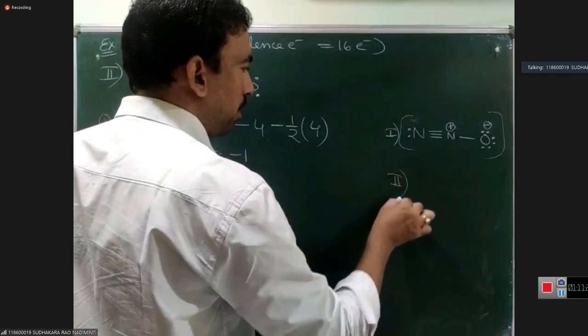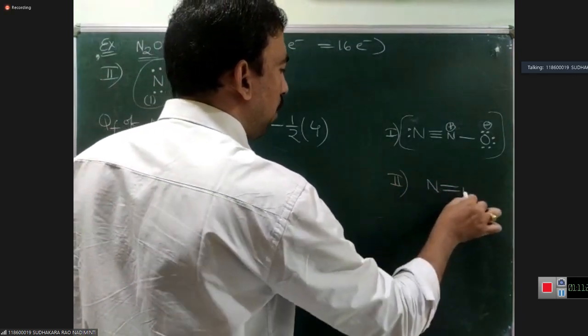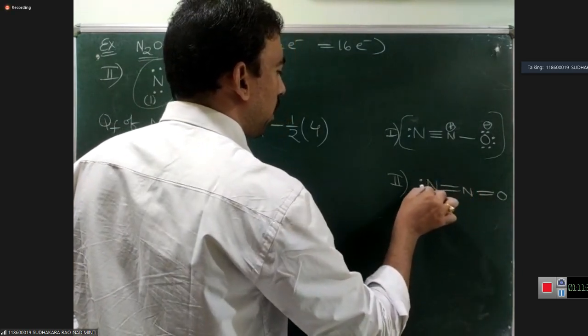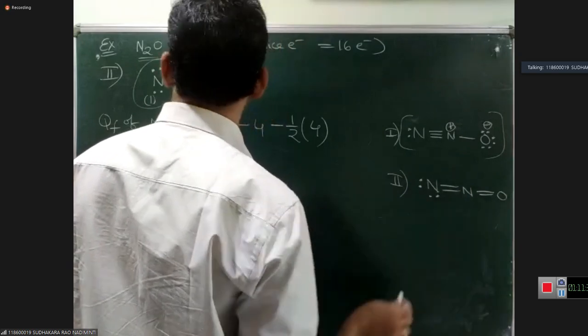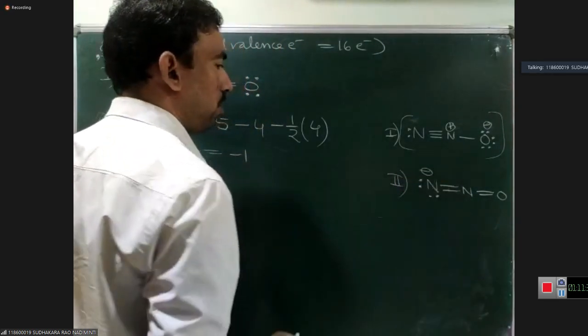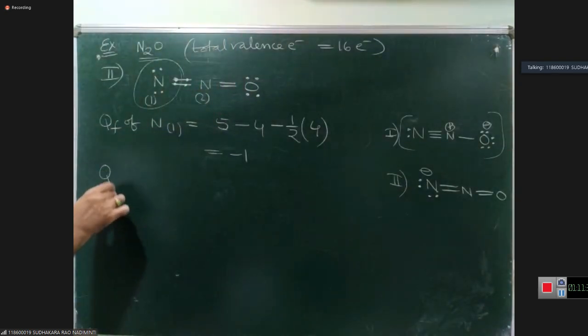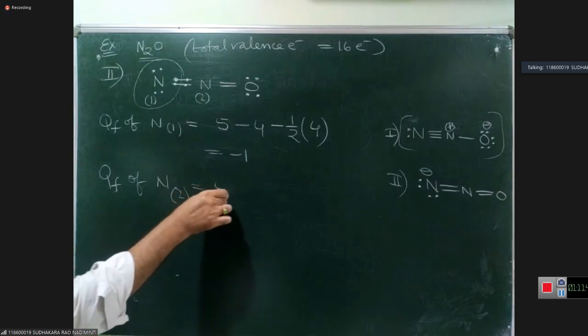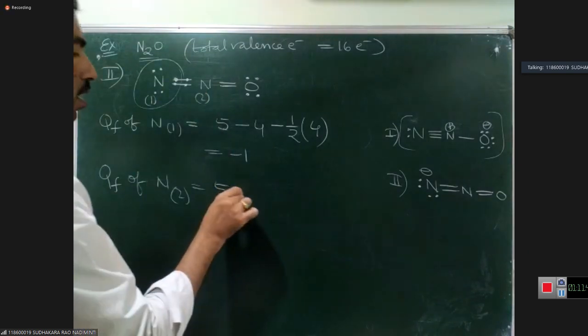Second Lewis structure, if you take, N double bond N, contains 2 lone pairs and a negative charge.